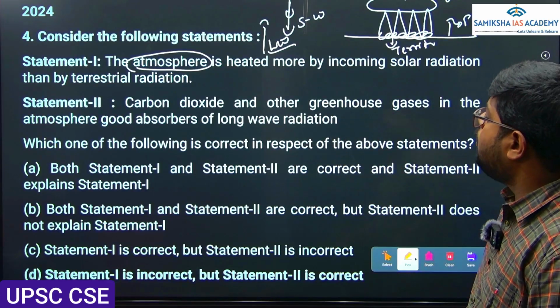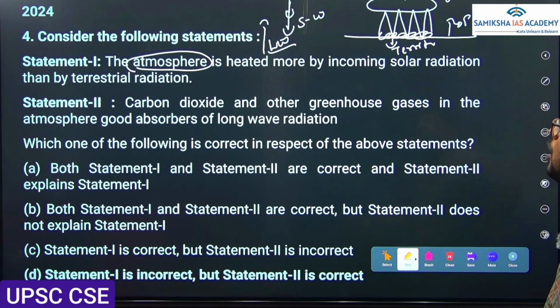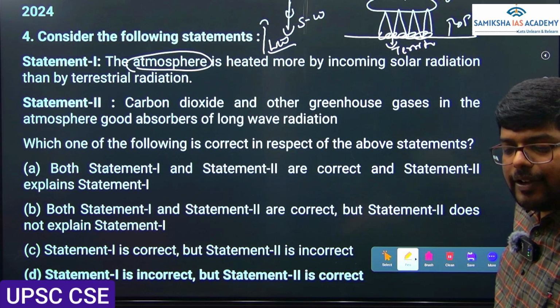Next, carbon dioxide and other greenhouse gases in the atmosphere are good absorbers of long wave radiation. Carbon dioxide and other greenhouse gases do not allow it through, which means they are absorbing and reflecting it. Reflecting means they are absorbing.